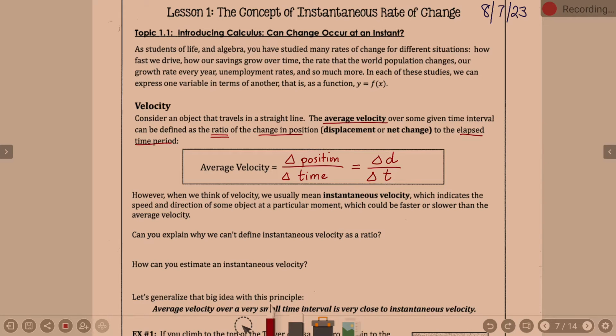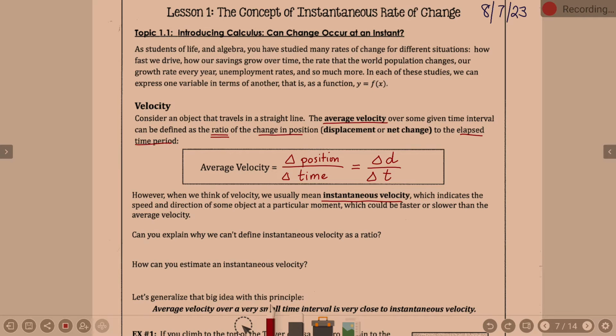So this is average velocity. This is what is easy to measure. This is what we think of when we think about your speed, your growth rate, savings, all of those different examples. Now, the key is that when we think about velocity, we usually mean instantaneous velocity. We're changing that first word, and that makes a difference.